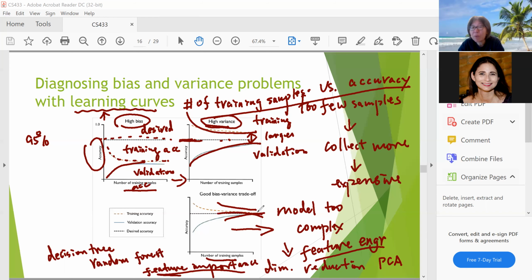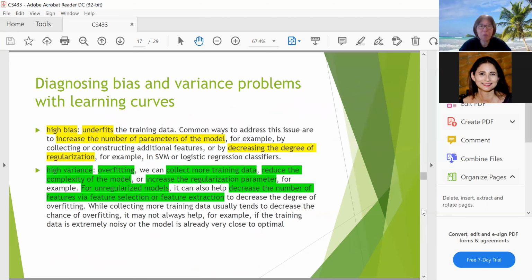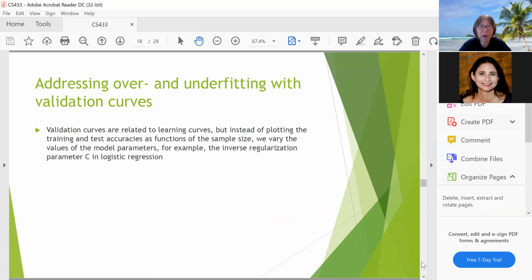They are all pretty close to each other. Then this is the best case, the best scenario. Okay, so this is regarding the learning curve concept. I already explained the learning curve, the high bias and high variance situations.